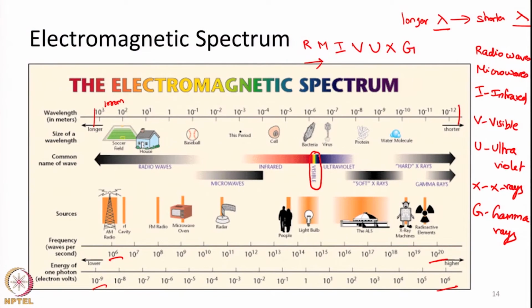If you look at this slide, you can see the visible portion is marked here. A very small portion of the electromagnetic spectrum is marked as visible, and our eyes can see only this small portion of the energy that is coming in from the sun. The sun produces a continuum of energy, but our eyes can see only a small portion.